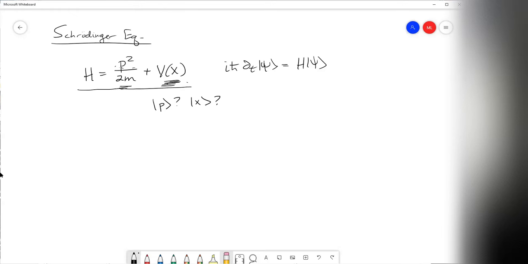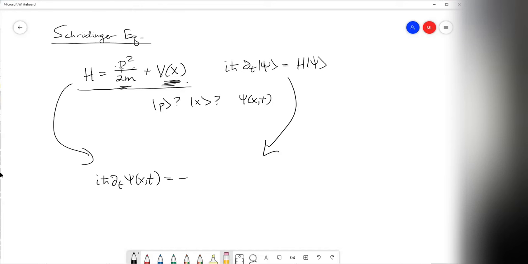But we can still think about it as a differential equation, right? We know what these operators do on, say, a wave function psi of x, t. Translating immediately from here, we already saw what p does, it just takes derivatives. This becomes i h bar d/dt acting on the wave function.